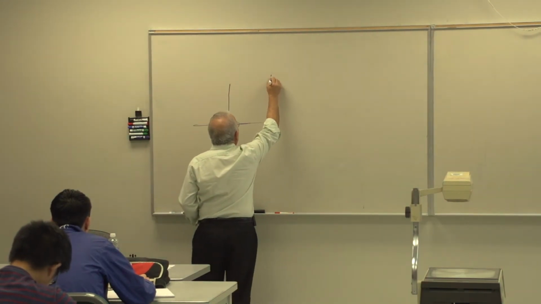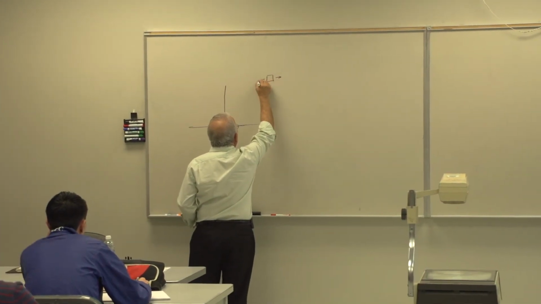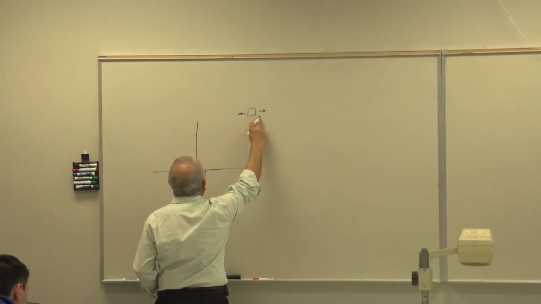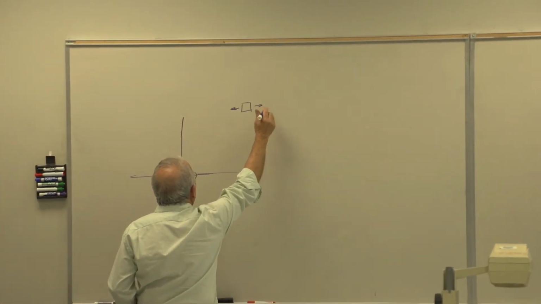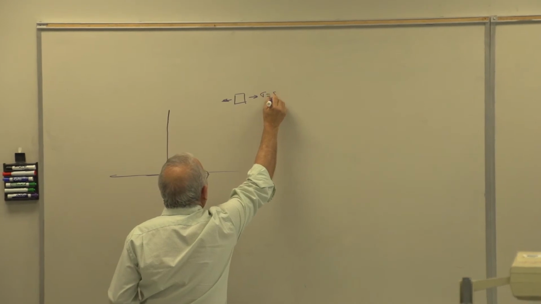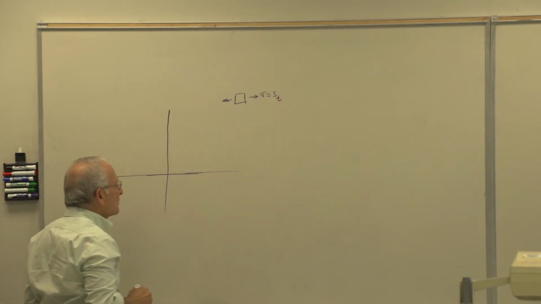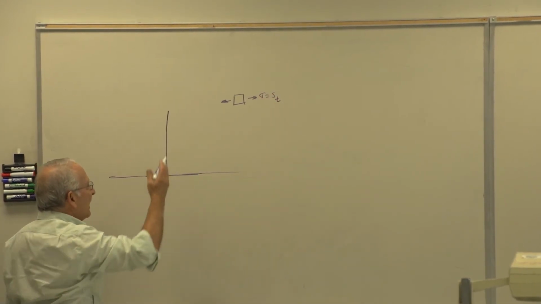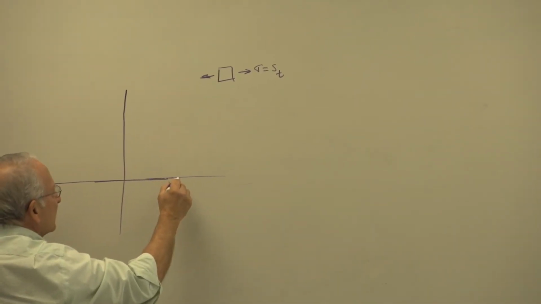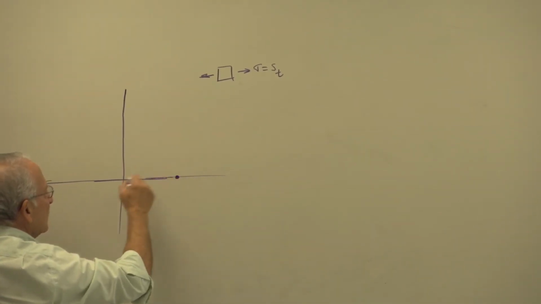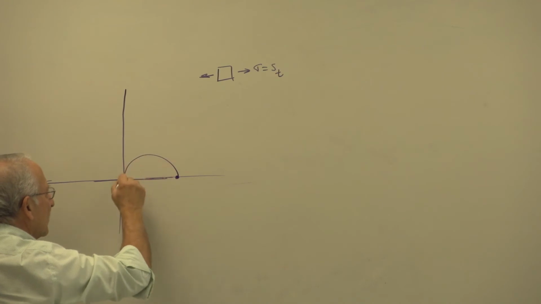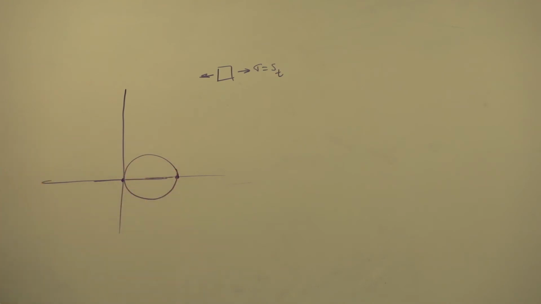So this is what you have. And if this is a brittle material and sigma reaches the tensile strength, the material will have failed. At that instant, the Mohr circle is ST and 0, 0 and 0. You get that Mohr circle.